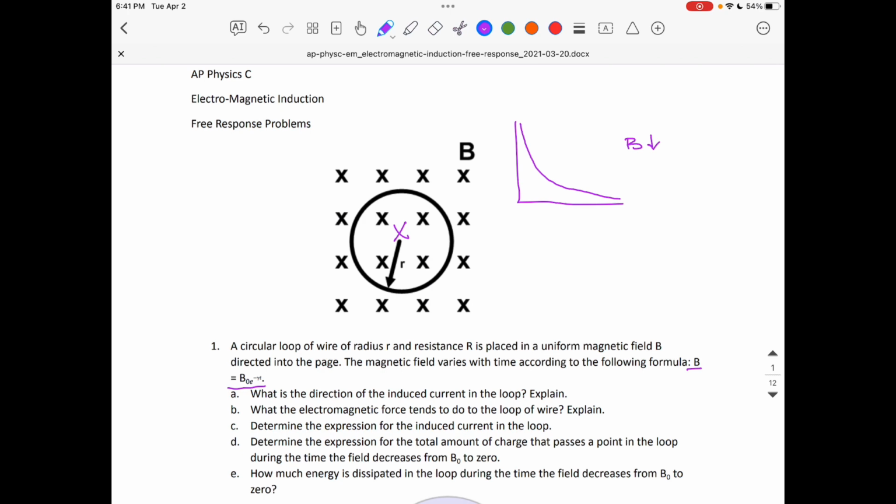What direction would that need to go? So we're going to use the right-hand grip rule and see that in order for it to go into the page, we would have to have a current going in the clockwise direction. So clockwise, want magnetic field into page.